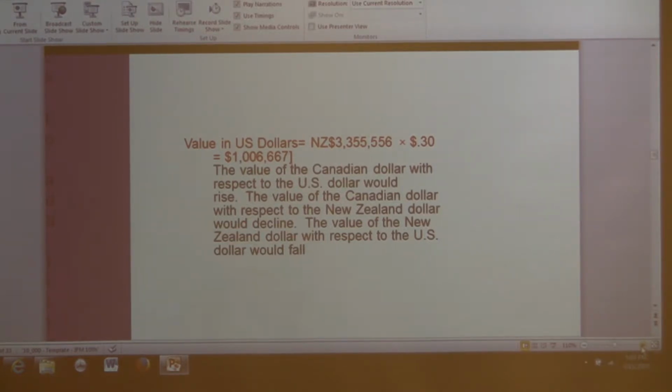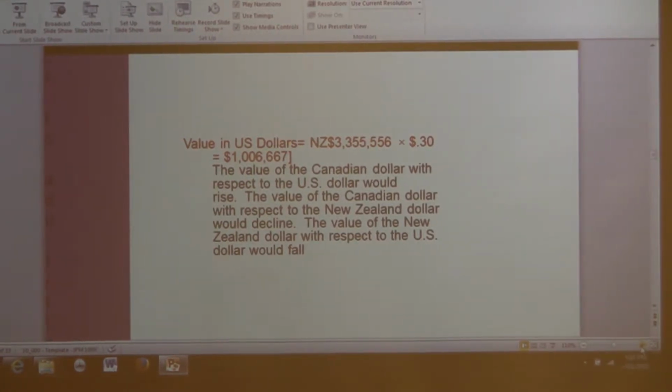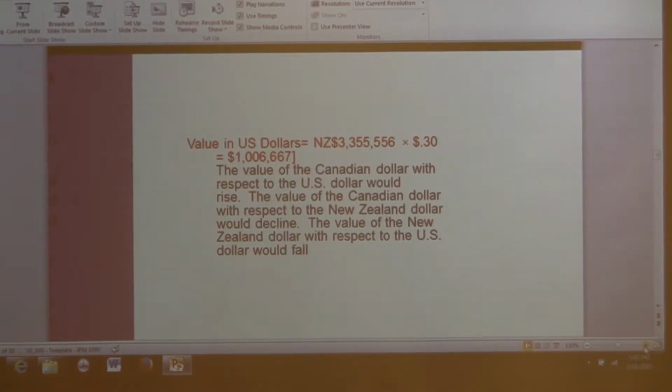So here, that's going to be 3,355,558 times 0.3. That should give you 0.00667.